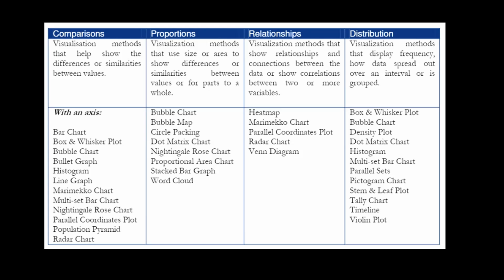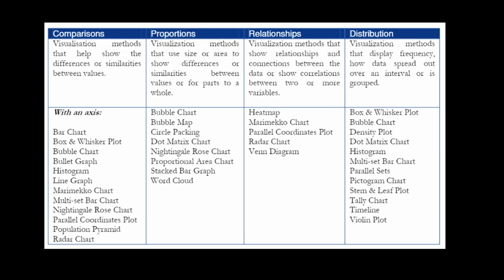Show the relationship. Are X and Y related? Talking about the iris data set, do you think that petal length and petal width are related? Higher petal length, does it mean that it will have higher petal width? Are they related?